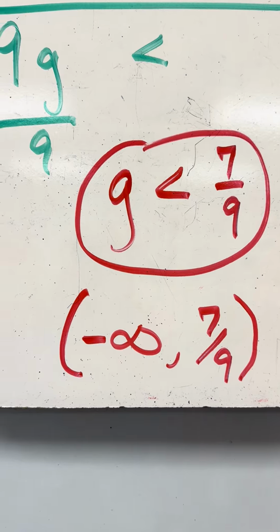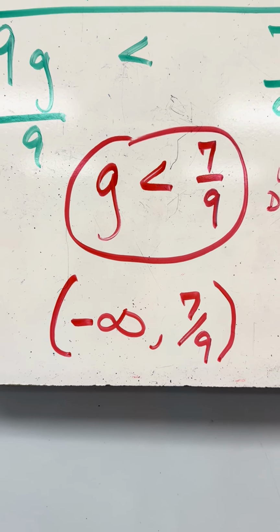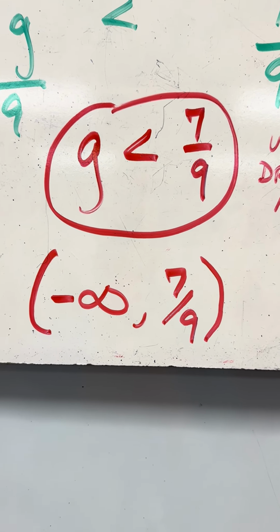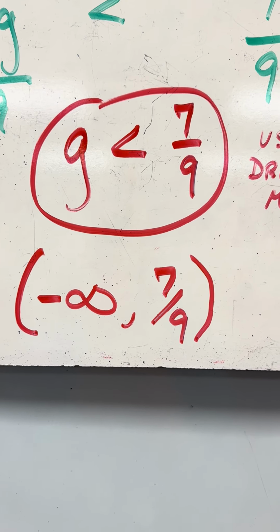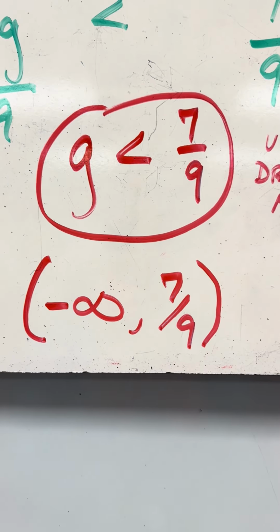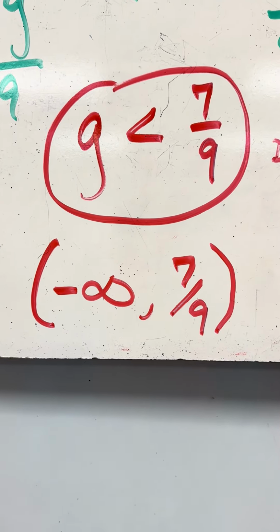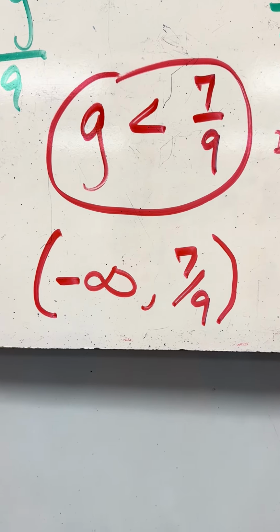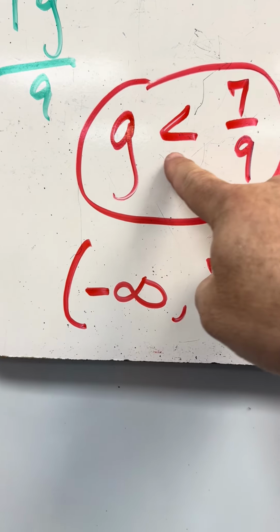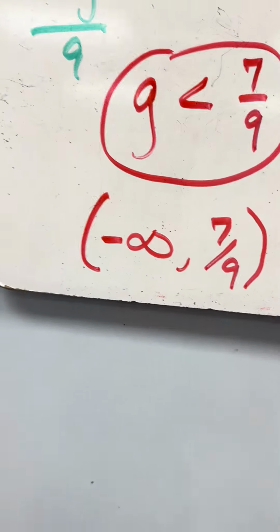Negative infinity and positive infinity always have a parenthesis, not a bracket, because it's never actually equal to infinity or negative infinity. And then comma 7/9, it goes up to 7/9, which is also a parenthesis, not a bracket, because it's not equal to 7/9. If there was an equals line here, then there would be a bracket here, okay?